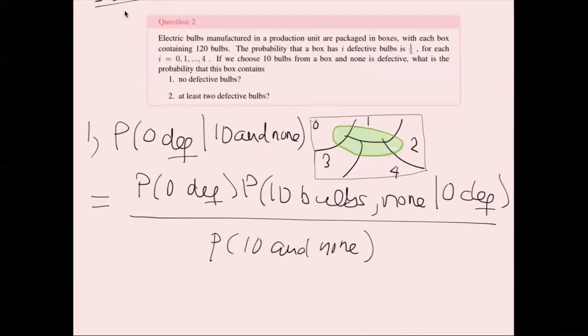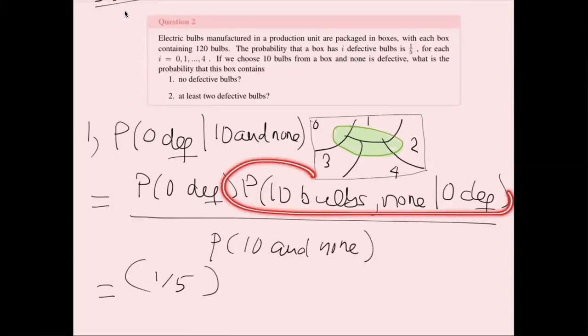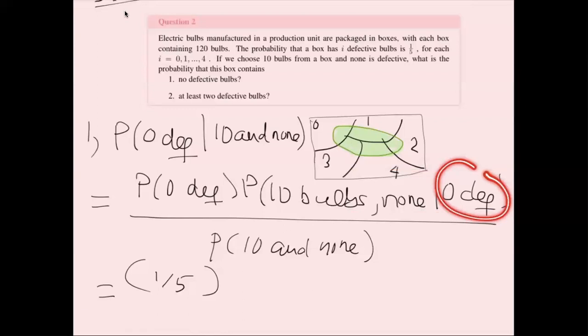The numerator is pretty easy to deal with. The probability that a box has 0 defective items is given. It is 1/5. The question said here, the probability that a box has 0 defective items is 1/5, and similarly for 1 up to 4. And now I'm interested in the probability that, given my box does not have any defective item, I sample 10 items and none of them is defective.